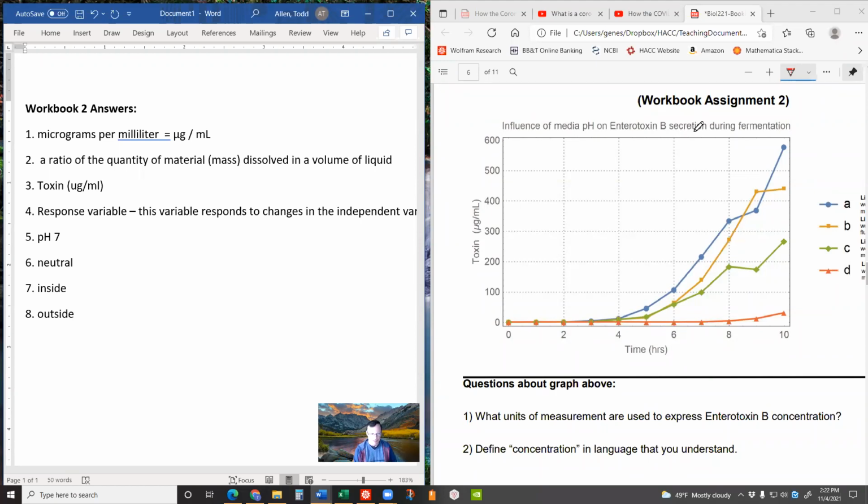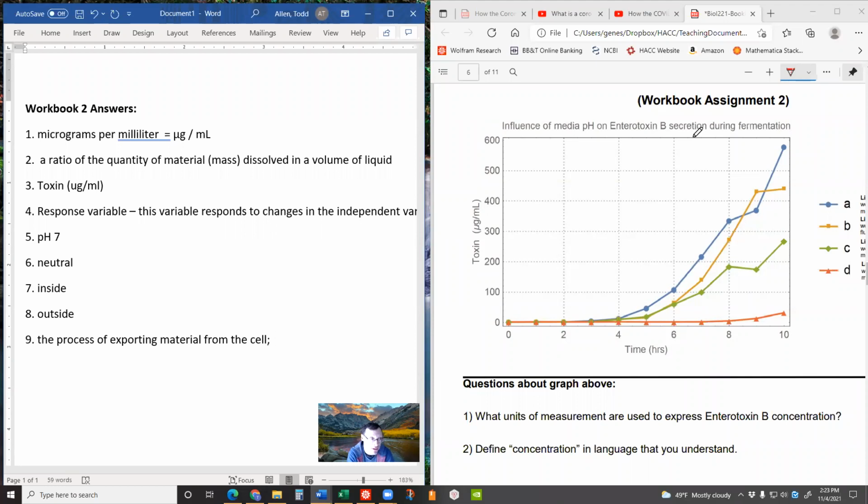Okay. Question 9, define the term secretion in language that makes sense to you. Secretion is the process of exporting material from the cell. Please appreciate that the term secretion does not imply biological activity. In a ridiculous analogy, the store Best Buy secretes a brand new TV to your house, right?